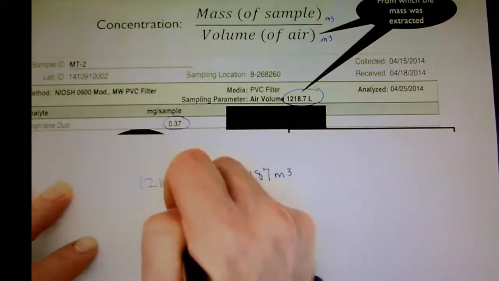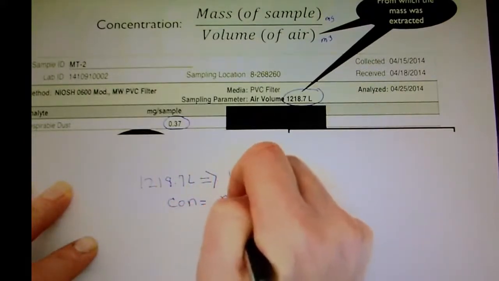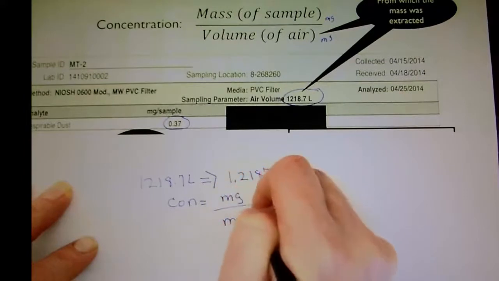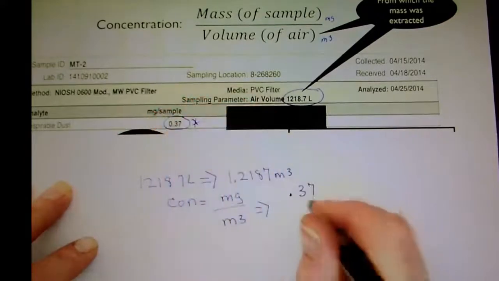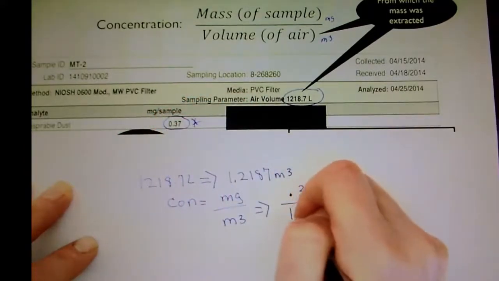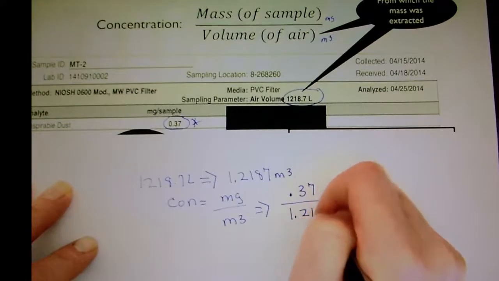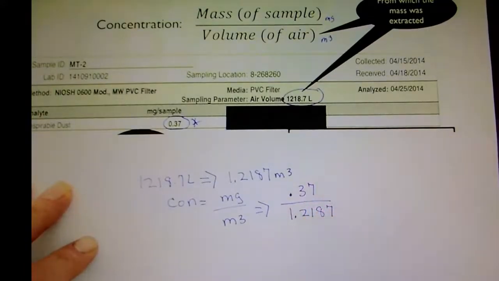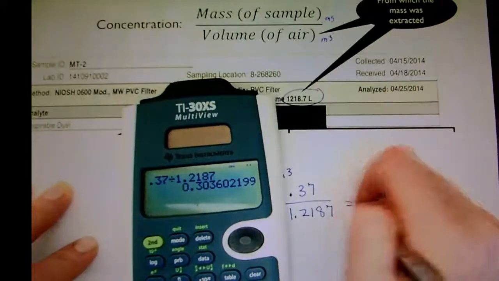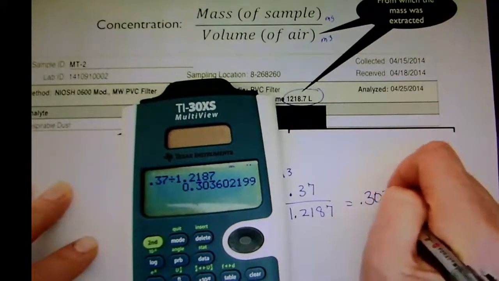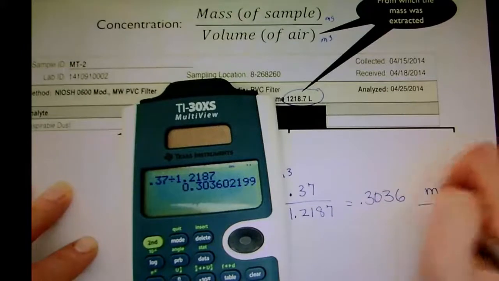So my concentration is milligrams per cubic meter, which is 0.37, I got that from there, over 1.2187. Put that in the calculator. 0.37 divided by 1.2187 equals 0.30.